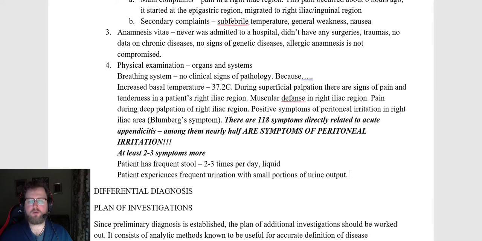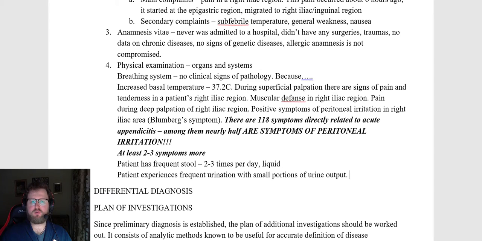This can also be a symptom related to acute appendicitis, because when the inflammatory exudate migrates downwards to the pelvic cavity, it can irritate the parietal peritoneum, which covers the urinary bladder, and this may result in its excessive contractions, which is experienced by the patient as an additional wish to urinate.